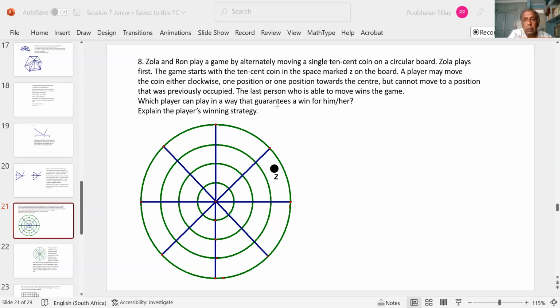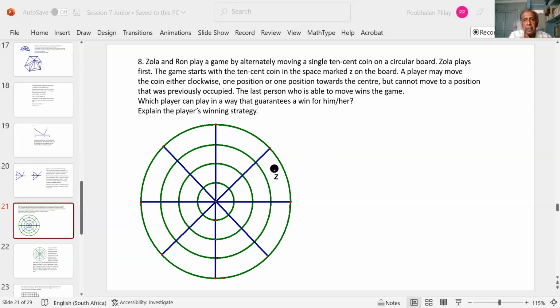The last person who is able to move wins the game. In other words, once you move and the other person finds that he or she cannot move at all, because no matter which way they look, the squares are already occupied, the last person to move wins the game.